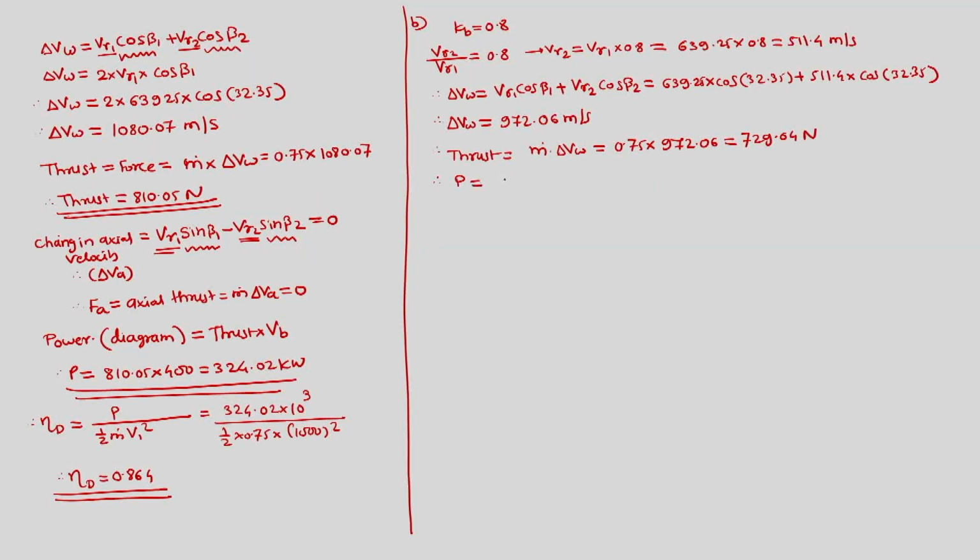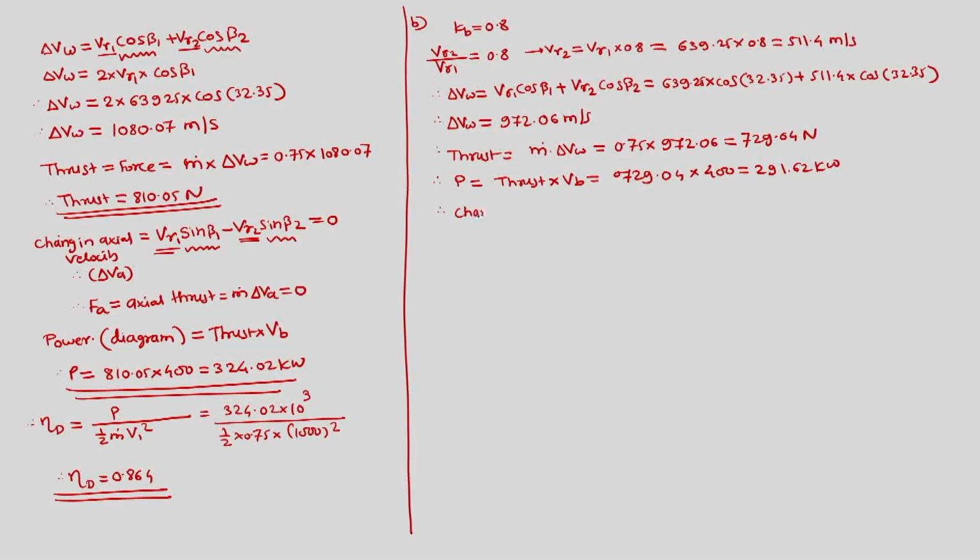So power is equal to thrust into VB, so it is 729.05 into 400, which gives us a magnitude of 291.62 kilowatt.